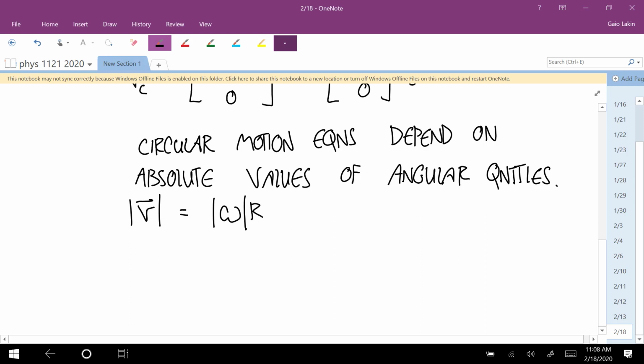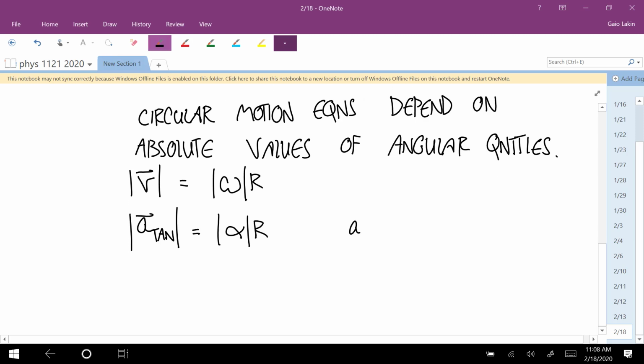They're basically the same equation, but you have to keep straight which one you're doing. Are you doing a circular motion problem, or are you using rolling without slipping to figure out a velocity of the center? The tangential acceleration magnitude is the absolute value of alpha times r. And then the centripetal acceleration has a square, so you don't really need the absolute value, but it still only depends on the absolute value because the square gets rid of the sign.